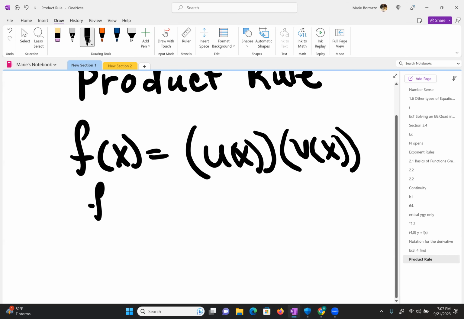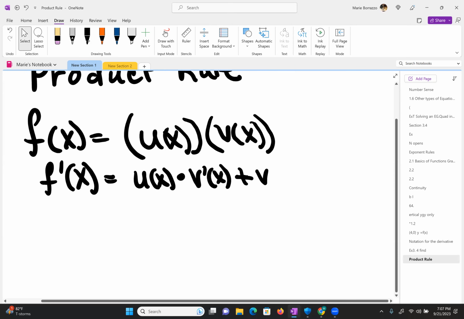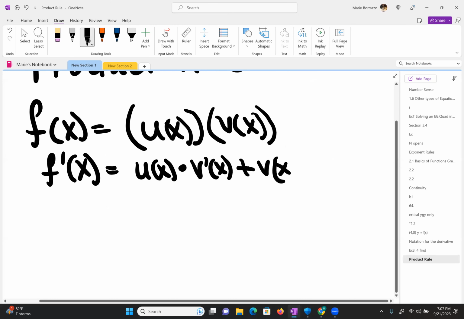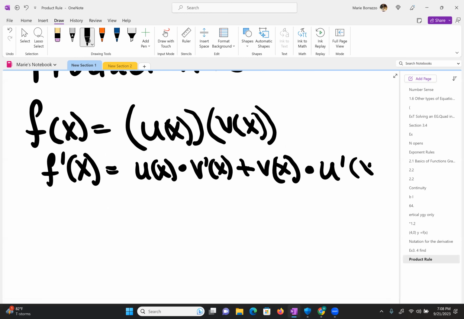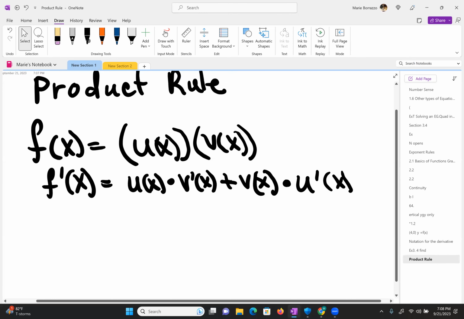The first derivative is the formula where you take the value of u of x times the derivative of v of x plus v of x itself, the original function, and that times the derivative of u of x. So that's your formula for product rule.